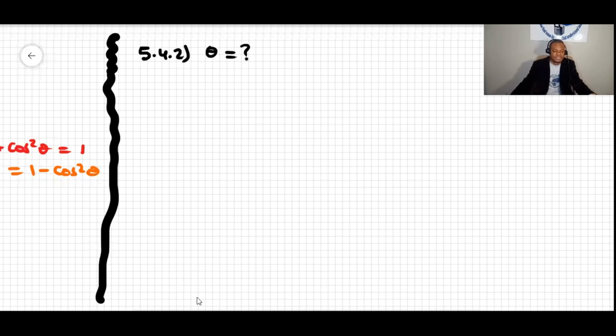Now, the identity itself is cos theta over sin theta minus cos theta, cos 2 theta over sin theta cos theta, equal to tan theta.